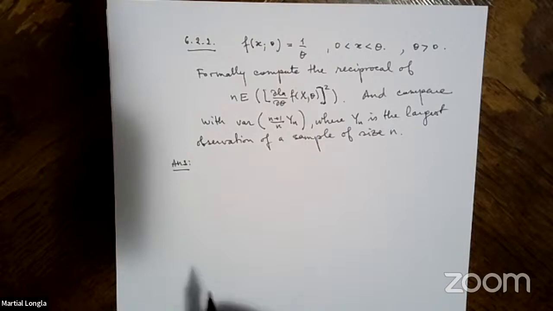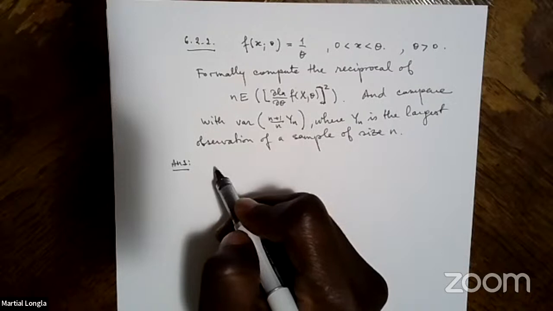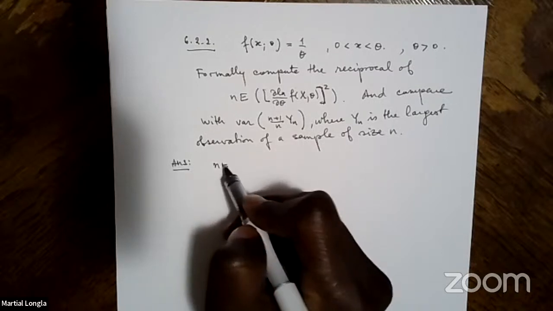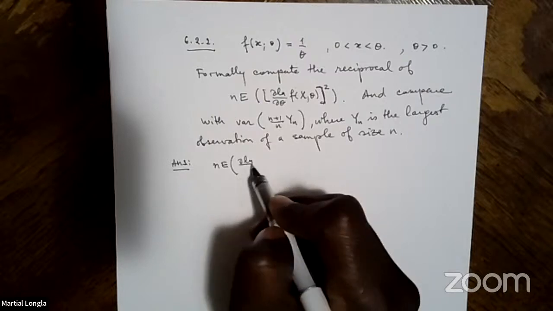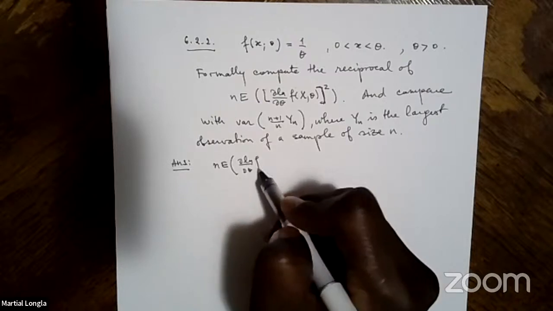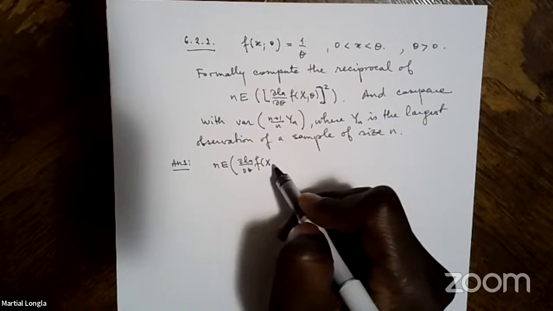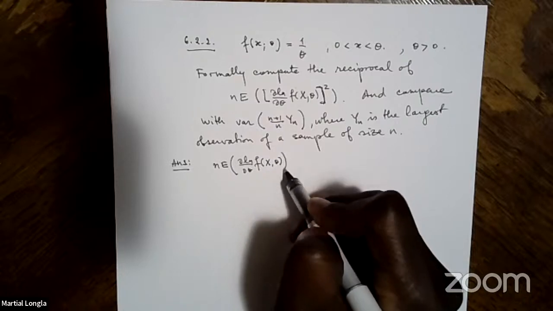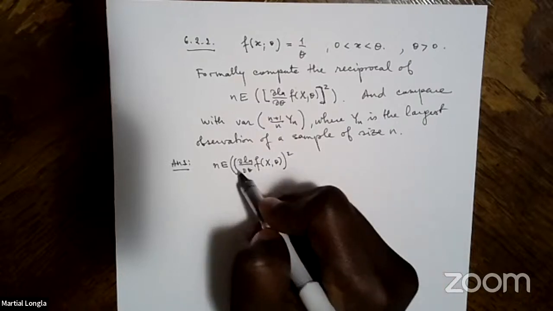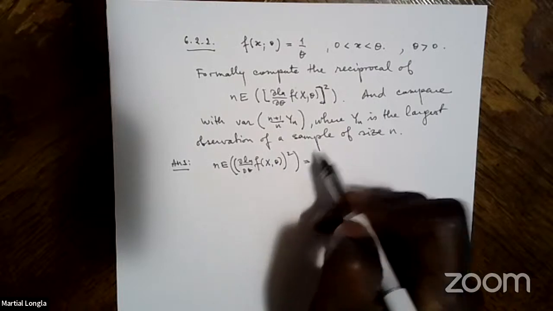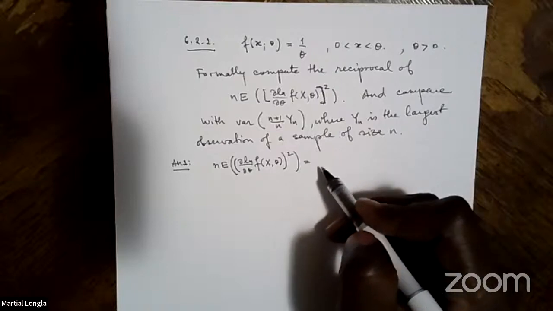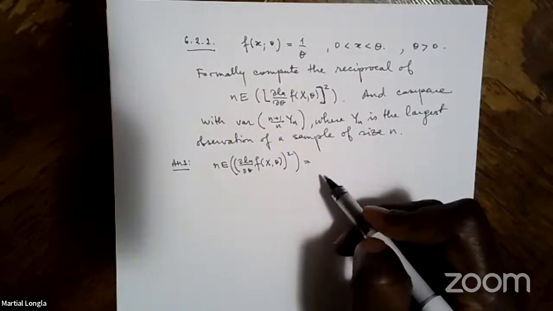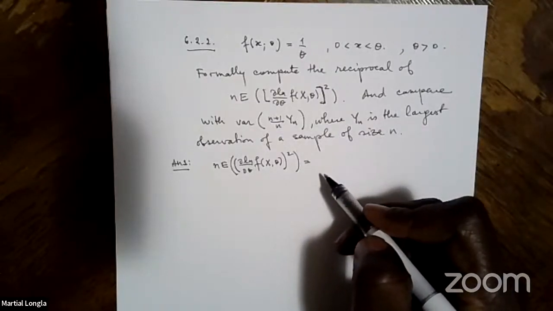That'll be a pretty easy thing here. So what is this n times expected value equal to? N over theta squared.